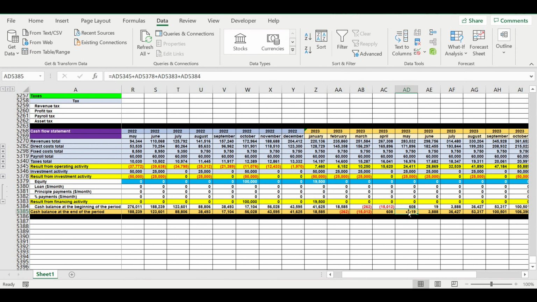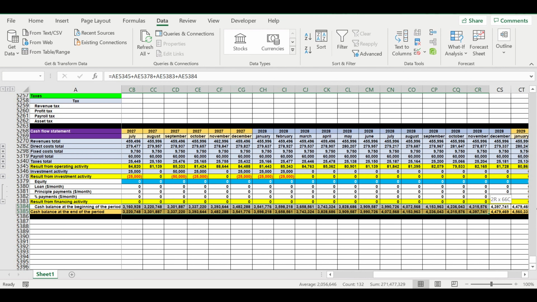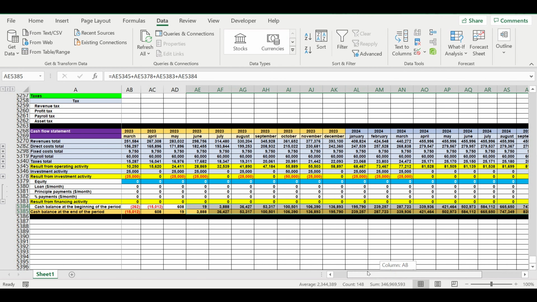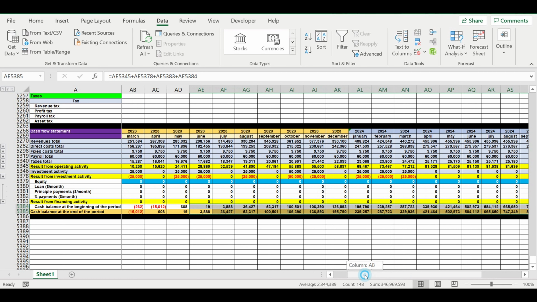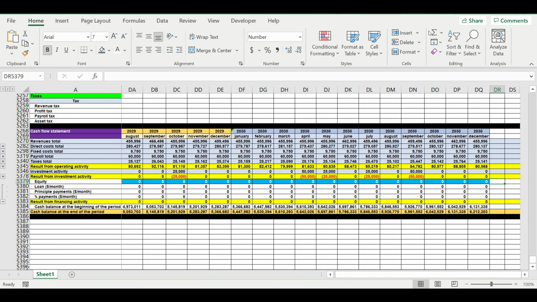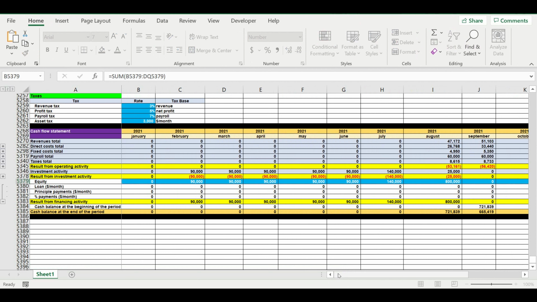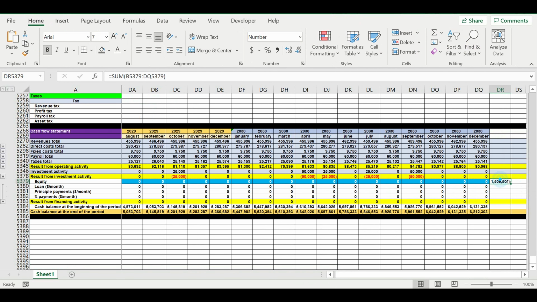So this is the point when our project starts generating its own cash flow, and later additional money in our business. Then we can create just a total for this line, and see how much money we need to start our business idea.